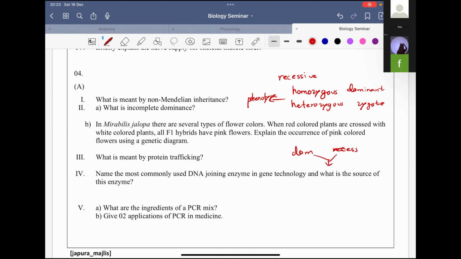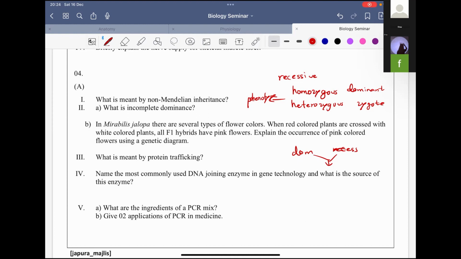So the phenomenon of expressing blend phenotypes from both alleles is called incomplete dominance. There is no masking by the dominant allele here. In complete dominance there is a masking effect of the dominant allele, but here it isn't like that.